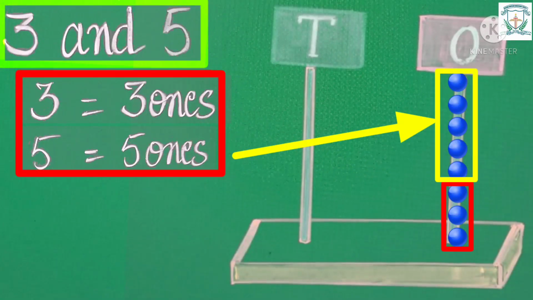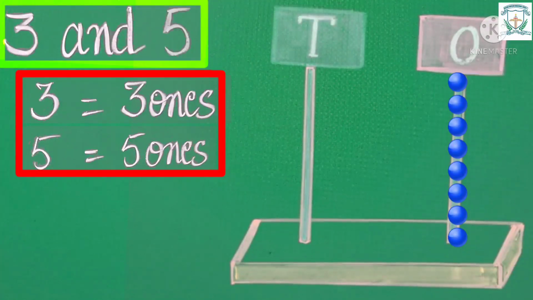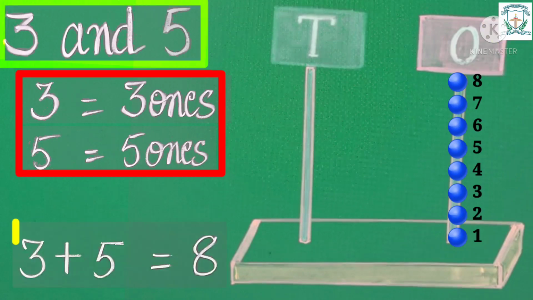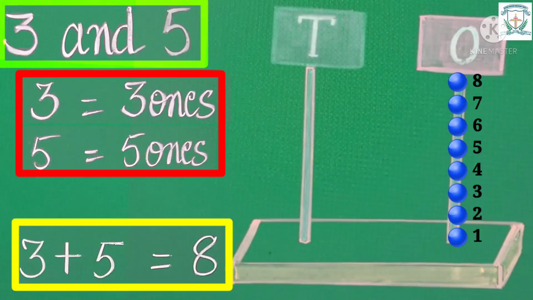Now, we shall count the number of beads all together on the one spike. We have 1, 2, 3, 4, 5, 6, 7 and 8. There are 8 beads on the one spike. We read it as 3 plus 5 is equal to 8.